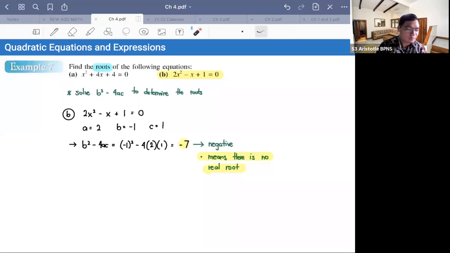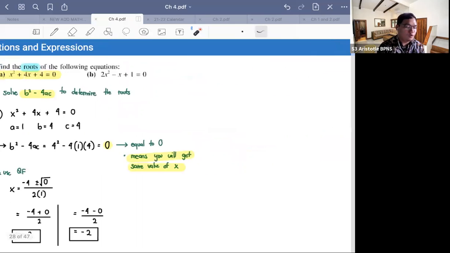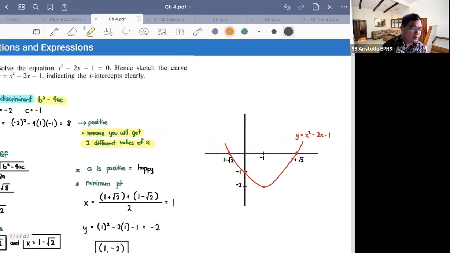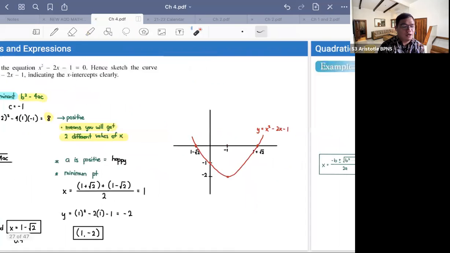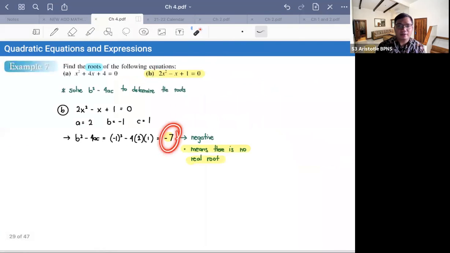That's why I don't have any quadratic formula here, because there's no point in doing that, since your discriminant is negative. That's why there's no real root. So that's the use of knowing the discriminant of your roots right away: if it's positive, if it's zero, and if it's negative.